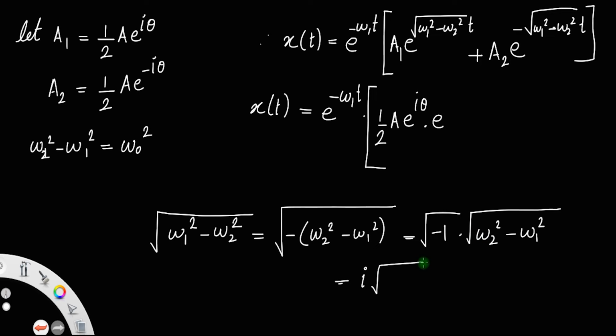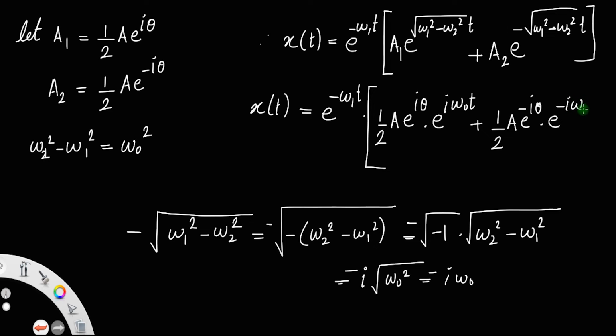This one is equal to root of omega 0 square, so it is equal to i omega 0. So this is equal to i omega 0 t. Plus a2, this is equal to half a e raised to minus i theta, since a2 is equal to half a e raised to minus i theta, into e raised to minus i omega 0 t. This one you only need to put a minus in here.